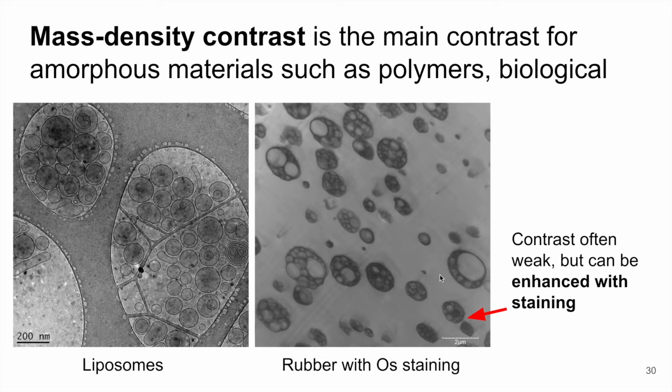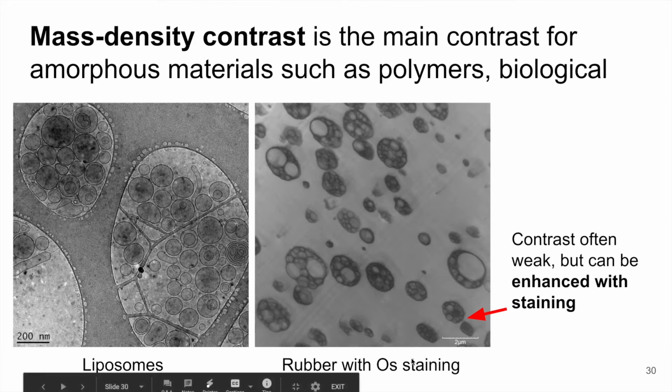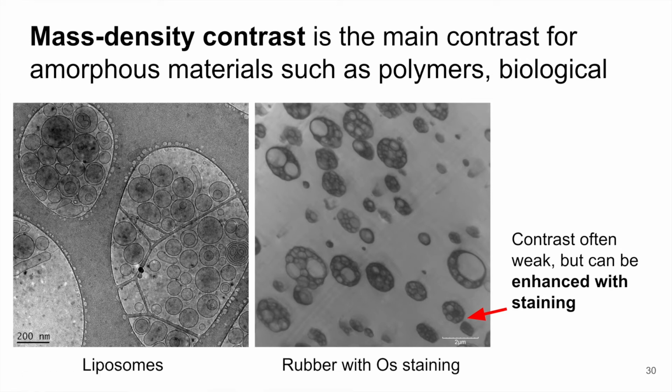And so a lot of times, and you see it here, these samples often have to be stained. So this one is stained with osmium in order to enhance the contrast. So the idea being that the stain will interact with certain regions, and because you have something like osmium, which is very dense, then that will give you that added mass density contrast.